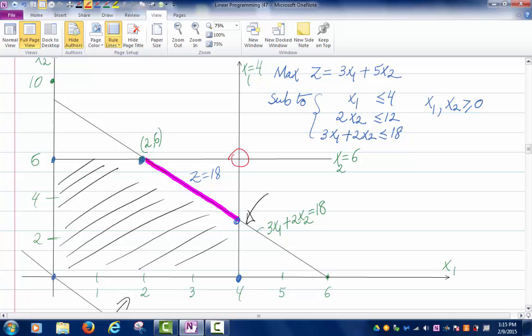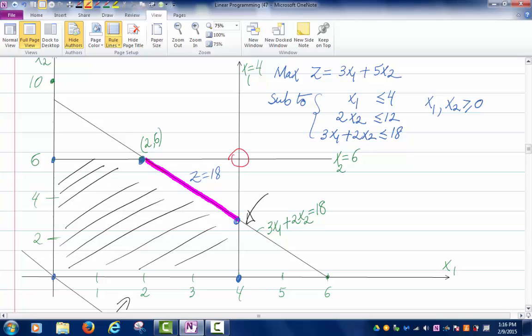Listen to it carefully. Suppose I have arrived at a vertex, and I see that if I move to any of the adjacent vertices, I don't get a better value of the objective function. Am I making sense? Then I know that wherever I arrive, that's the optimal solution.